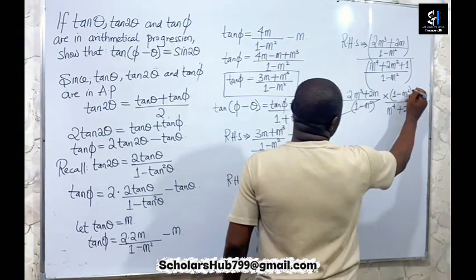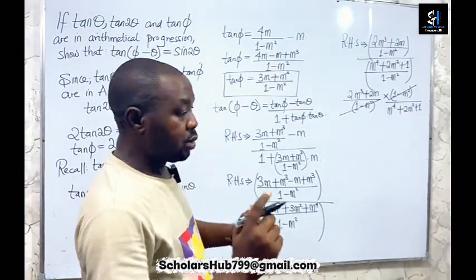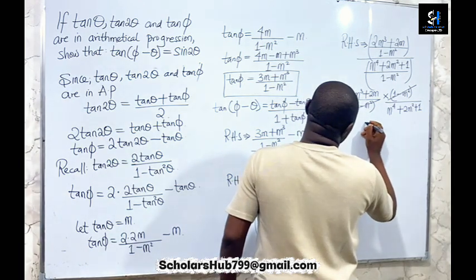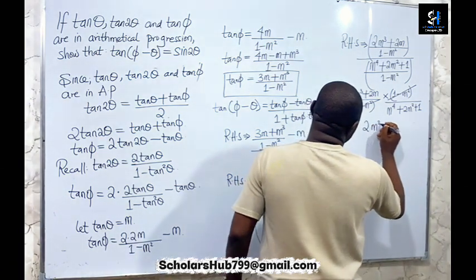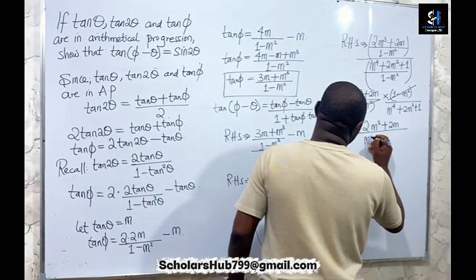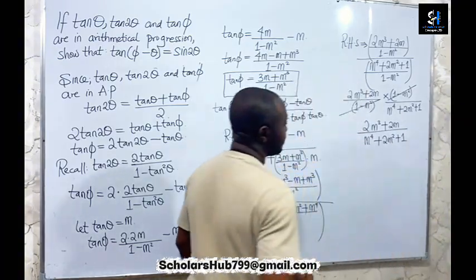So 1 minus m squared divided by 1 minus m squared will be 1. So we'll be left with 2m cubed plus 2m over m to the 4th plus 2m squared plus 1.